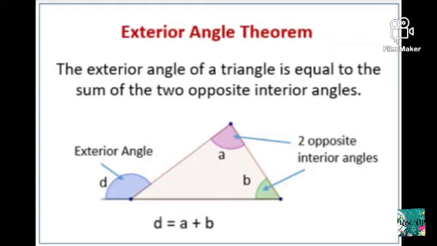The opposite interior angles are A and B. You are not considering the angle that is closer to D. When you add A and B, A plus B gives the value of the exterior angle D. So the theorem is: the exterior angle of a triangle is equal to the sum of the interior opposite angles. It is very easy. Study and memorize it now itself.